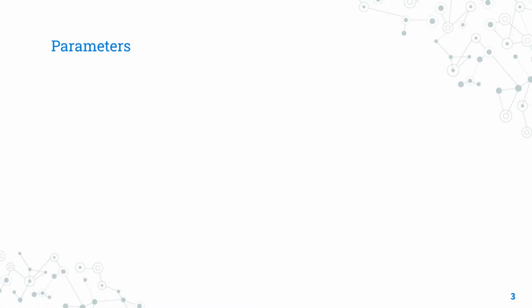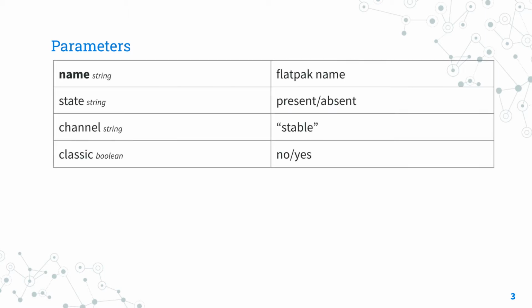The parameters of the Snap module. Let me summarize. The only required is name, where you specify the Snap name to install or remove. The parameter state specifies if you would like to perform the install action, option present, or the remove action, option absent.